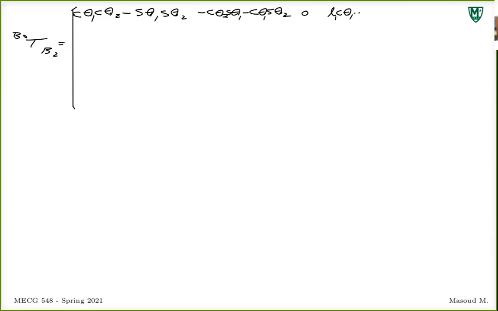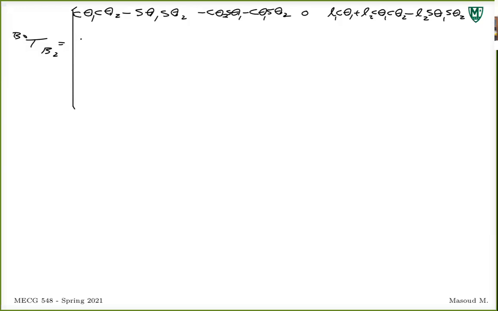L1 cosine theta 1 plus L2 cosine theta 1 cosine theta 2 minus L2 sine theta 1 sine theta 2. Yeah, double check.